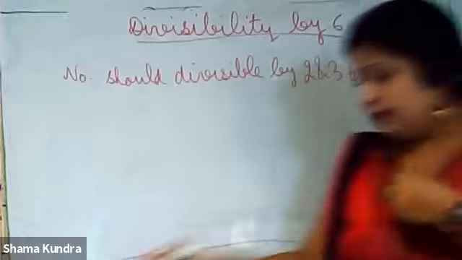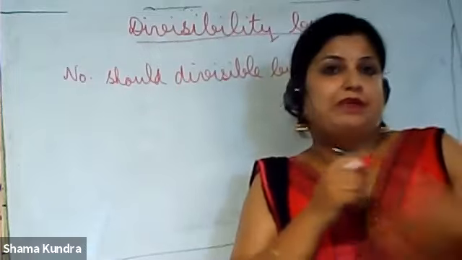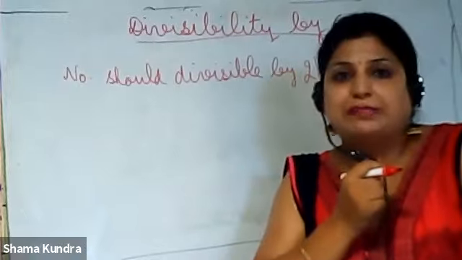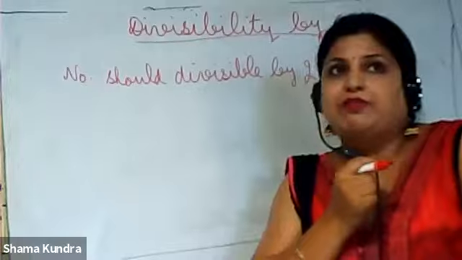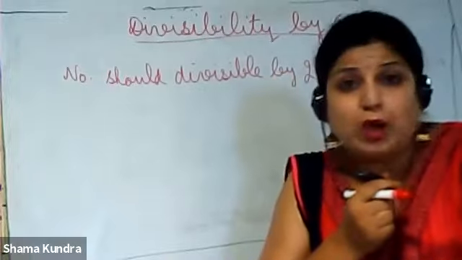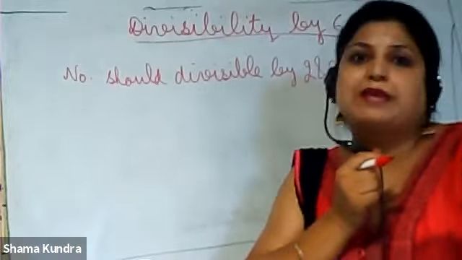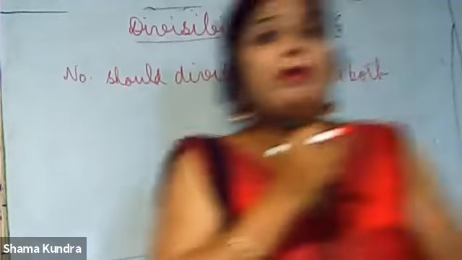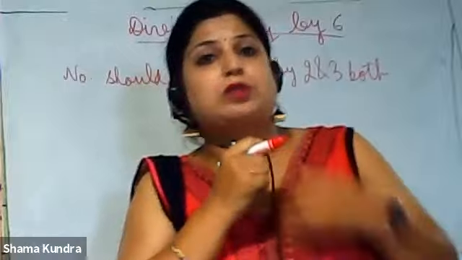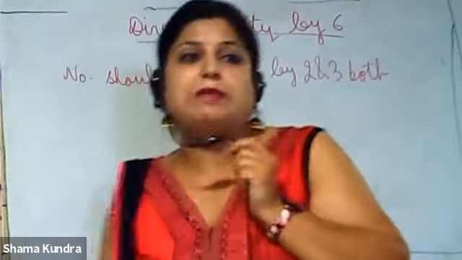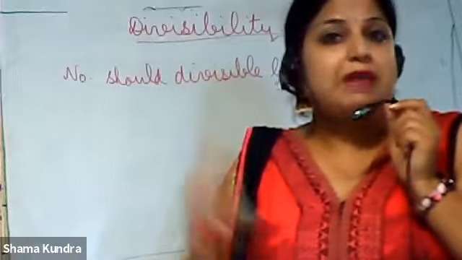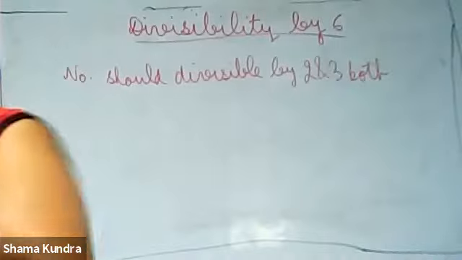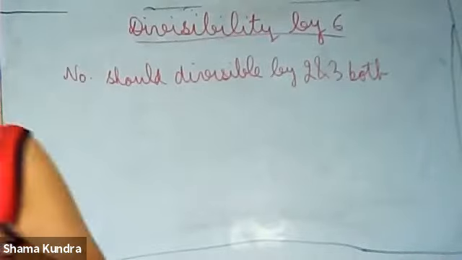If a number is divisible by 2 and also divisible by 3, only then can we say the number is divisible by 6. If a number is divisible by 2 but not by 3, then we can't say it is divisible by 6. If a number is divisible by 3 but not by 2, then also the number is not divisible by 6. The number must be divisible by 2 and 3 both.